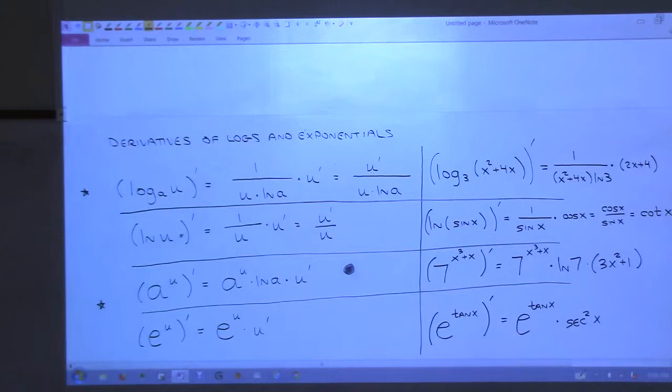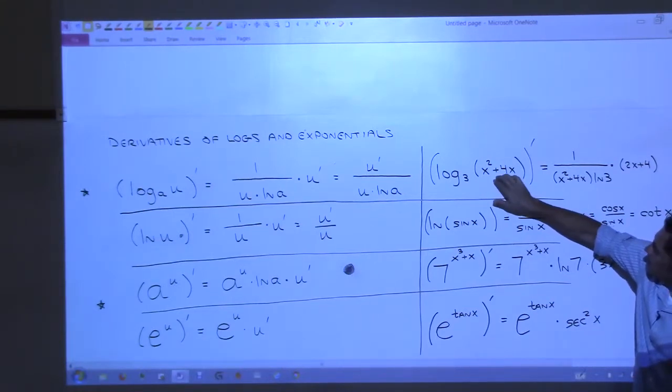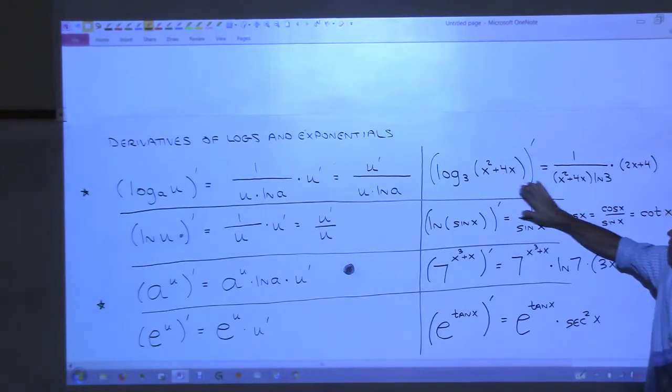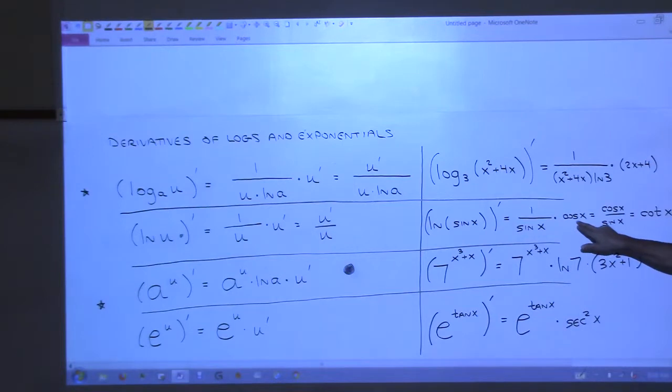All right, so I would say that these 4 examples are basic examples of derivatives of exponentials and logs. Because in these derivatives, notice that everything that I put in here, we call that the argument of the function. This argument, the derivative was very clean, wasn't it? This argument, the derivative was very clean, cosine.